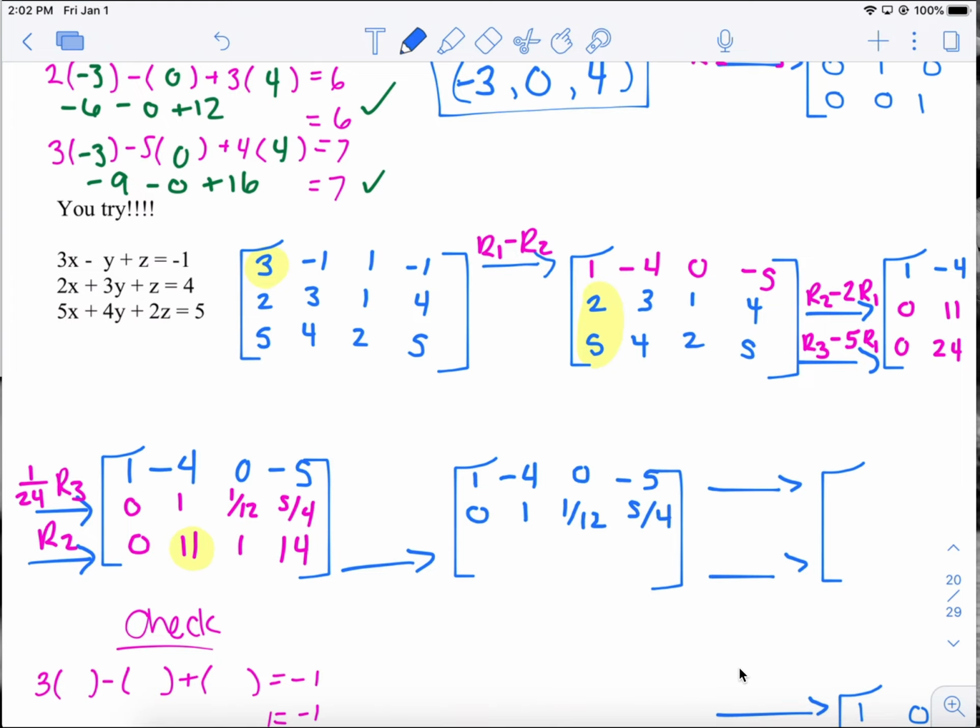Oops, I lied. I did change that middle one. I apologize. I'm trying to copy my own notes as I do this. Okay, so I kept the middle one the same.